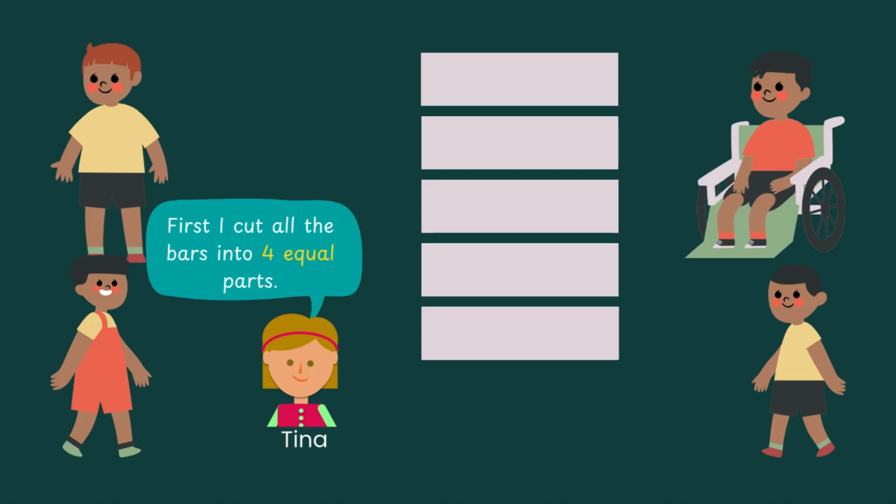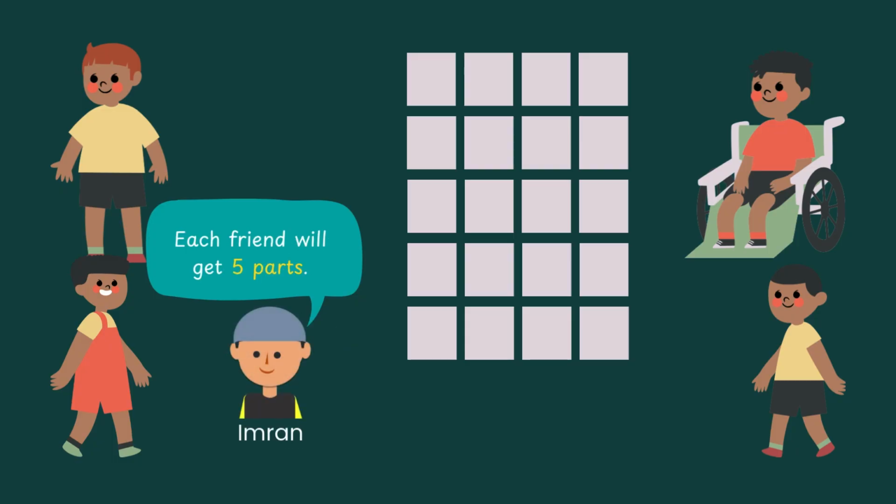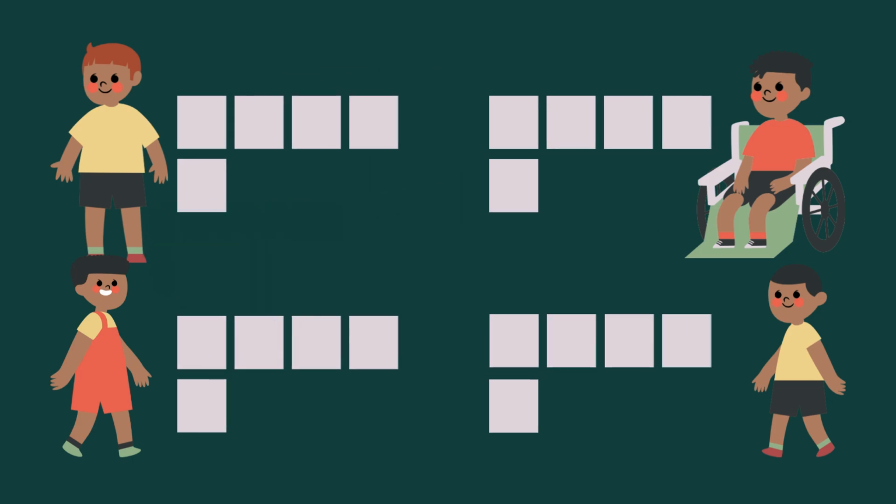That's an interesting method. So, if we cut all 5 chocolates into 4 equal parts each, we have 20 parts in total. If we share those 20 parts equally among the 4 friends, how many parts does each of them get? Exactly, Imran. Each friend will get 5 parts. What do those 5 parts mean? Yes.